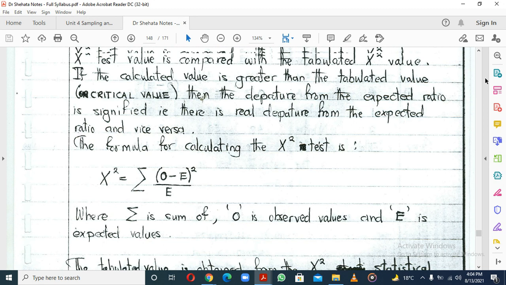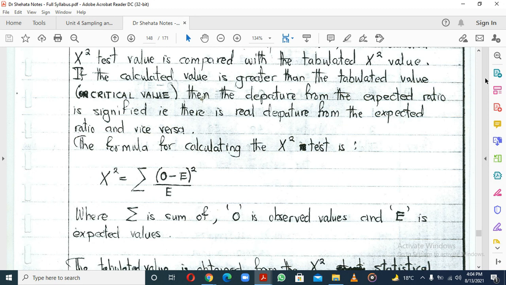So if the value that you've calculated is greater than the tabulated value or the critical value, the one that has been put in the chi-squared table, it means that the departure of your values from the expected ratio of Mendel is significant. So it means that there's a real departure from the expected ratio, or from Mendel's, right?